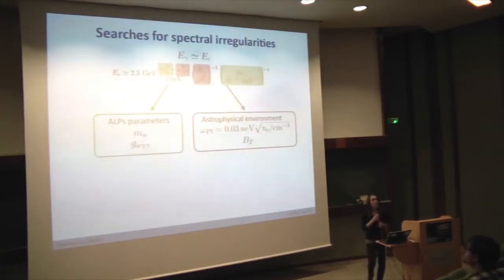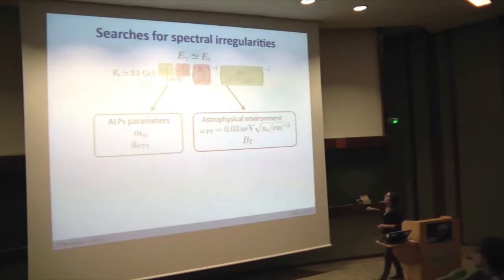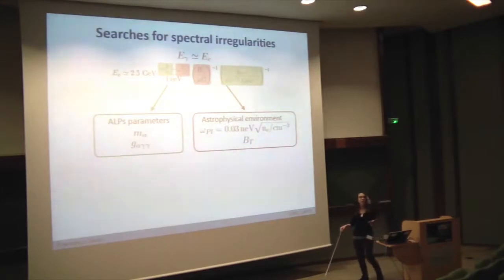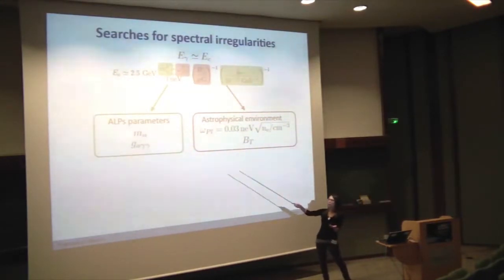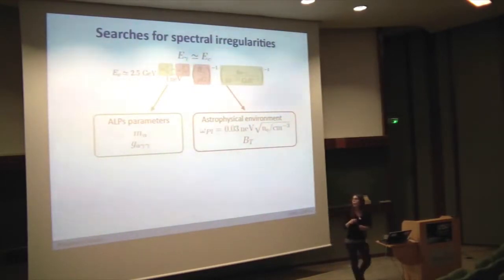So let's start with spectral irregularities. As I said, this phenomenon occurs when the photon has almost the critical energy, and the critical energy, reparameterized this way, depends on the one hand on particle physics parameters, so the mass of the ALP particle and the coupling of the ALP and photons, and on the other hand on astrophysical parameters that describe the environment where the transition takes place.